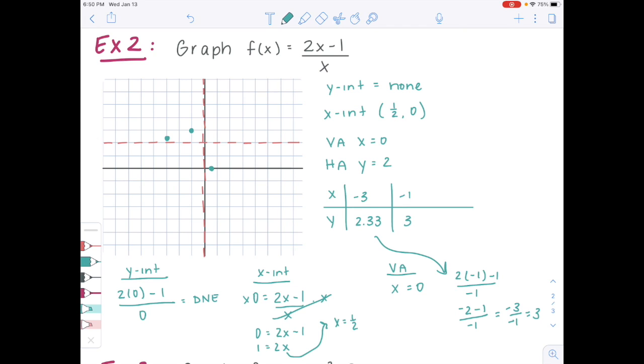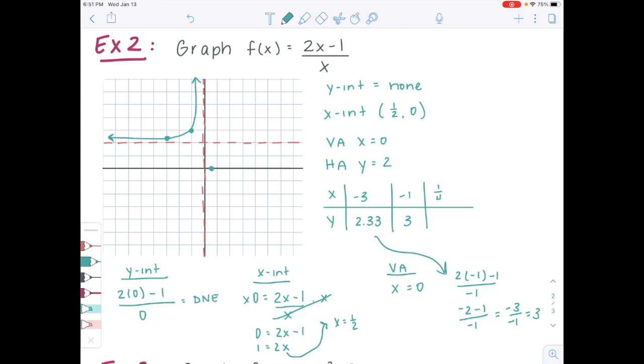If I plugged in a few more points, I could confirm, but I already know what my graph looks like because I know what that reciprocal function looks like. So now I've got enough to draw in my graph. Then I'm going to skip over 0 because I know there are no points at 0.